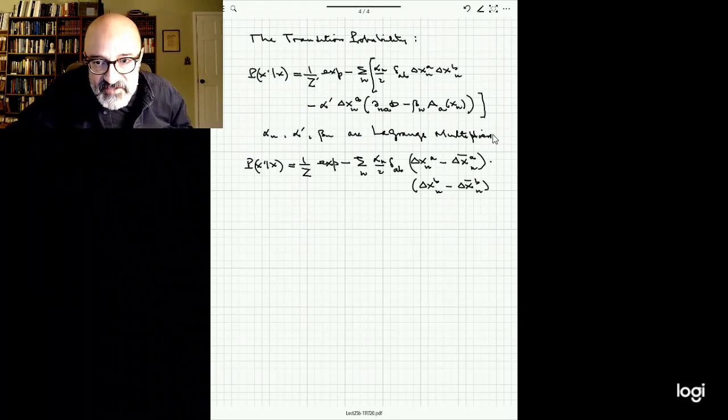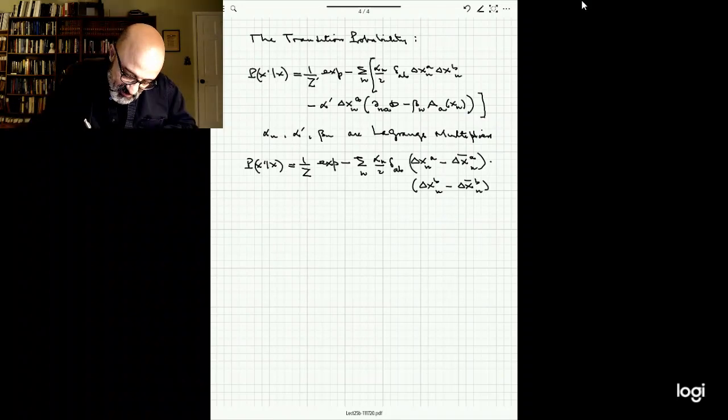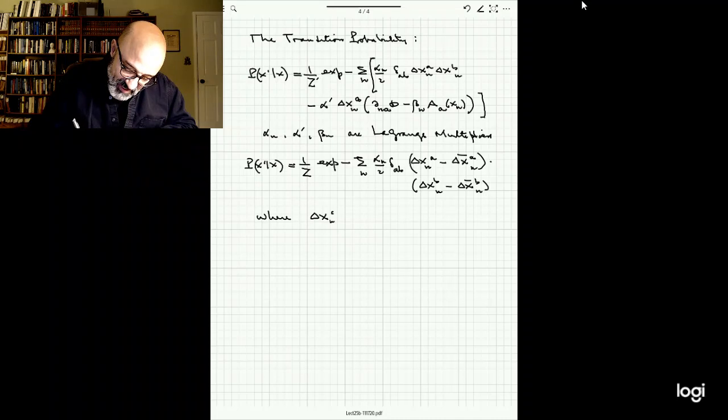So what is this constant here? It's just a matter of completing the squares. The product of the first with the first gives you that. The cross products give you the second one that allows us to write out where the displacement can be written as an average quantity delta x.